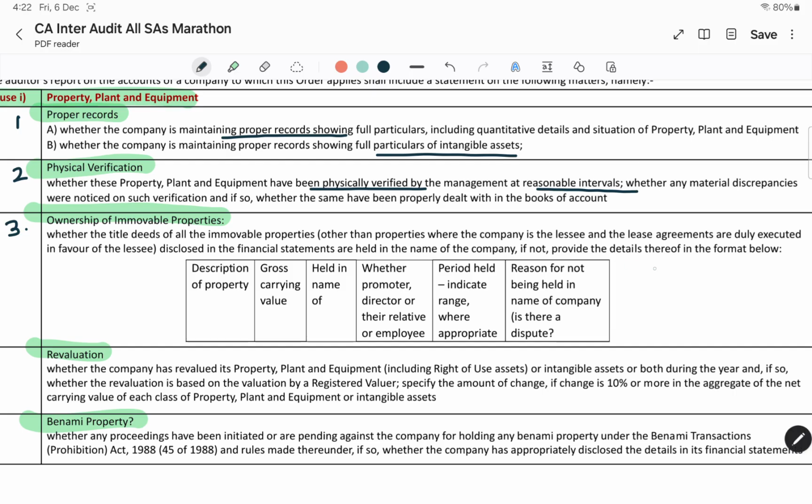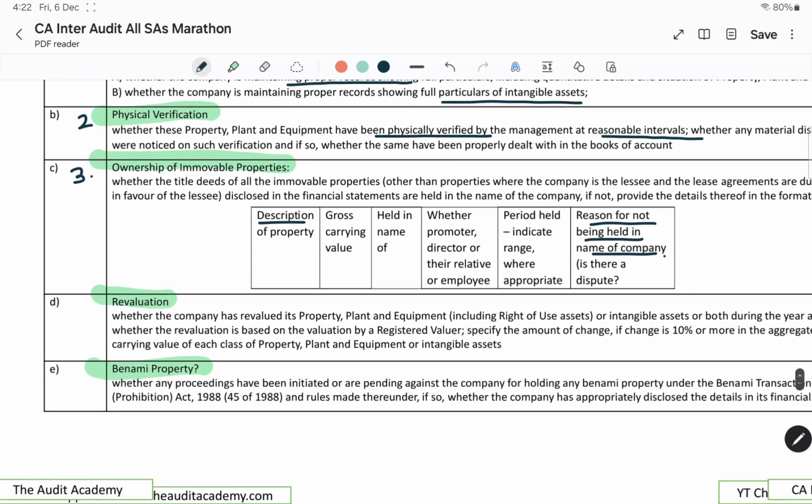If not, provide the details in the format below. Provide details of the description of the property, gross carrying value, held in the name of whether promoter, director or their relative or employee, period held indicate range where appropriate, and reason for not being held in the name of the company. Is there a dispute?